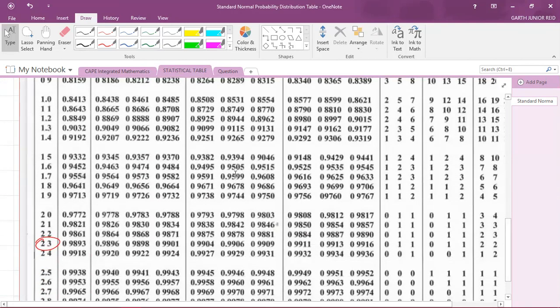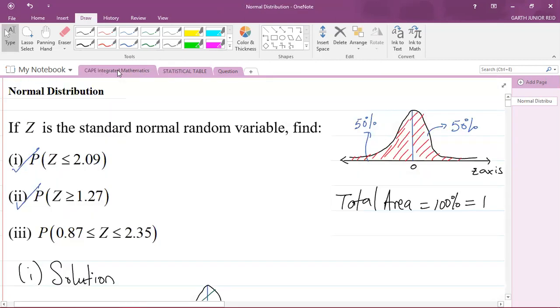My answer for the probability is going to be that value there, which is 0.9906. Okay, 0.9906. So let me scroll down.